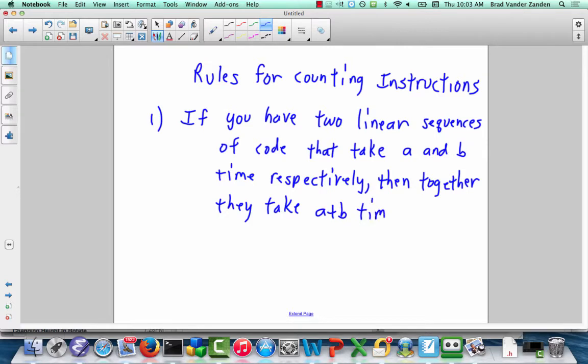But more importantly, they take a constant amount of time to execute, if they're just simple instructions.